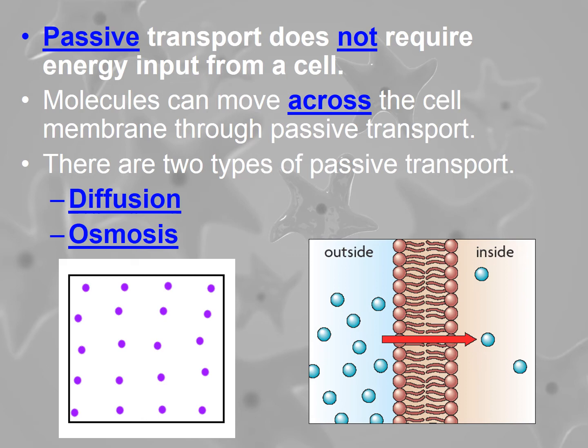In the little diagram you saw with the purple circles inside the square, they moved through diffusion until they were equally spaced apart. In the right-hand picture, those molecules are going to want to move from the left side to the right side, or into the cell, to become equal on both sides, and that's through the process of passive transport.